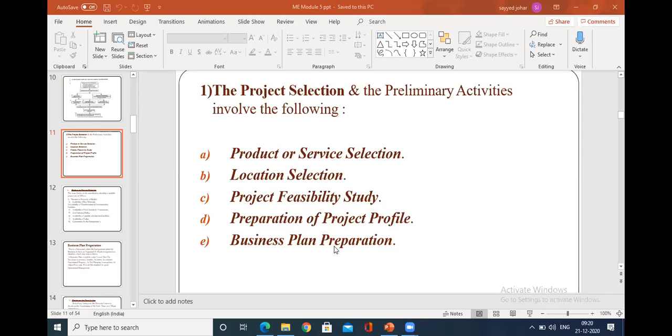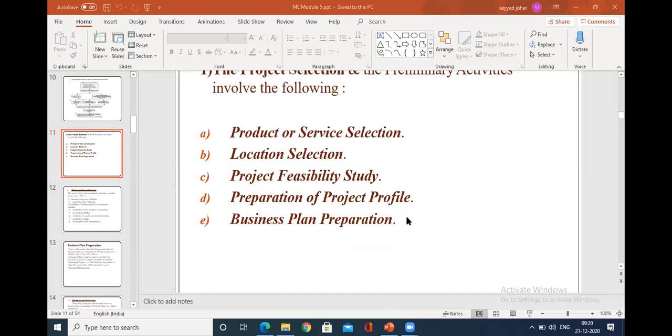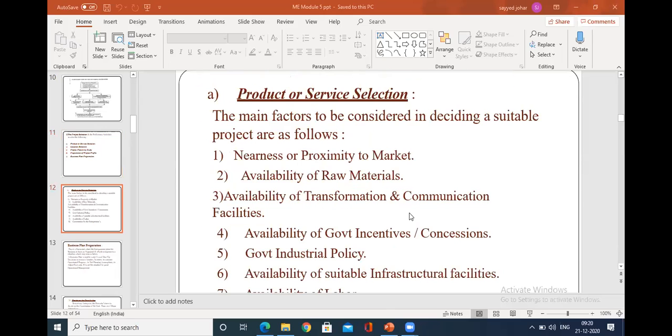You should have a final business plan, which should include all the preliminary activities involved, starting from the location of a project, feasibility study, preparation of a project profile and business plan preparation.